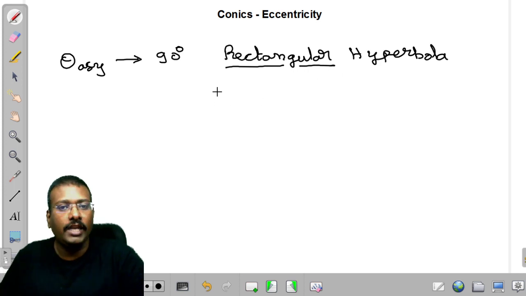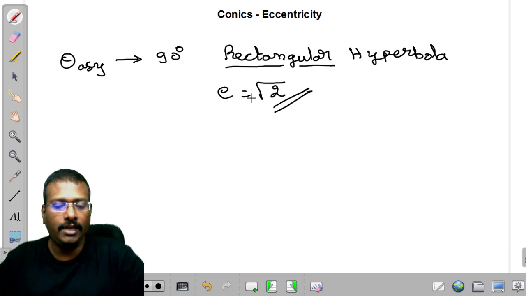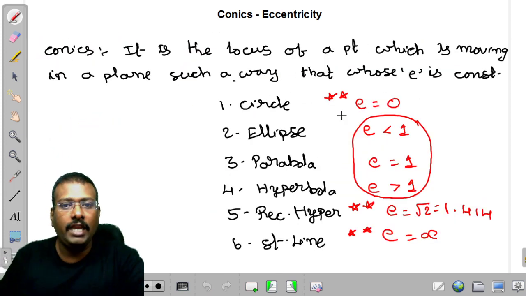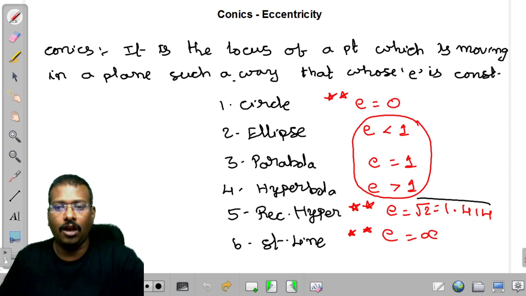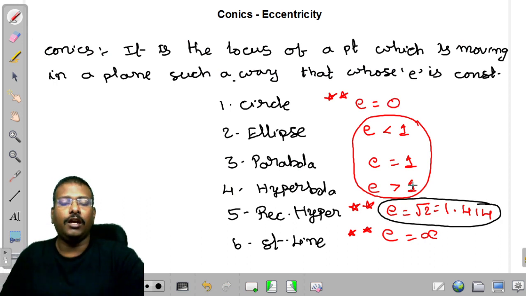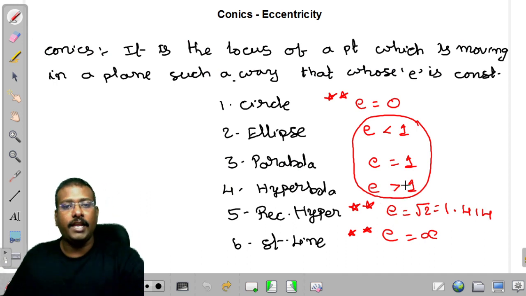And one more question you will get: sir, how can we get e is equal to root 2? This one also I will explain in my next video. So I said two things. One is why the e value is 0 for the circle, and the other is why e is equal to root 2 for the rectangular hyperbola.